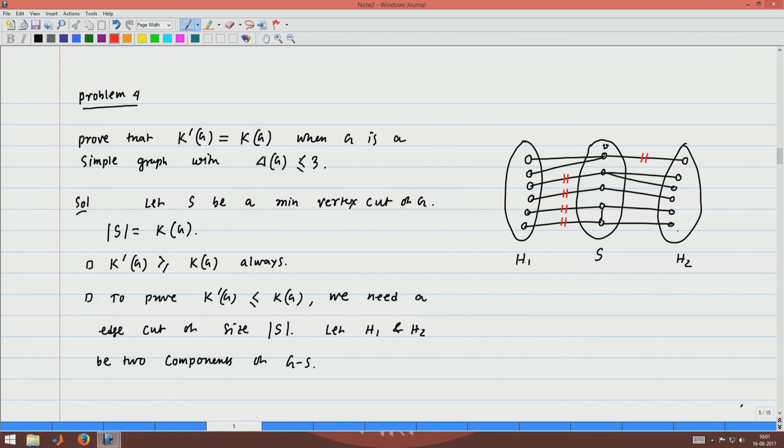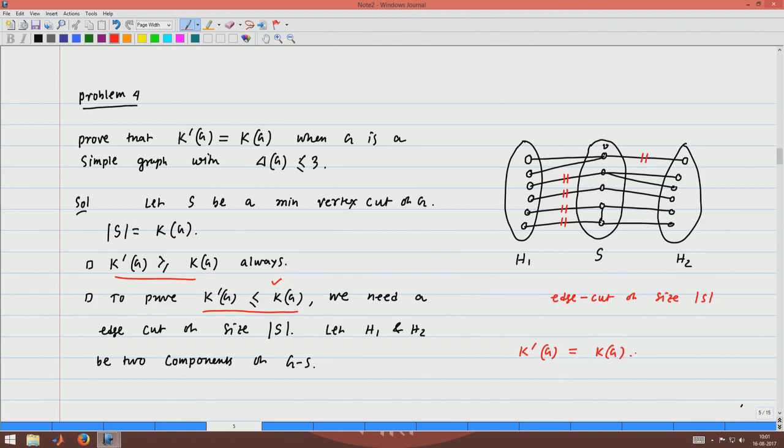So, the graph becomes disconnected. So, what we got is an edge cut of size cardinality of S. So, this proves that starting with a vertex cut of size k G, you can construct an edge cut of the same size. Combining this and this, we finally prove that k prime G is equal to k G.